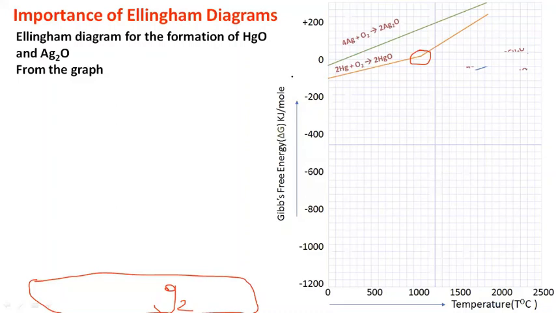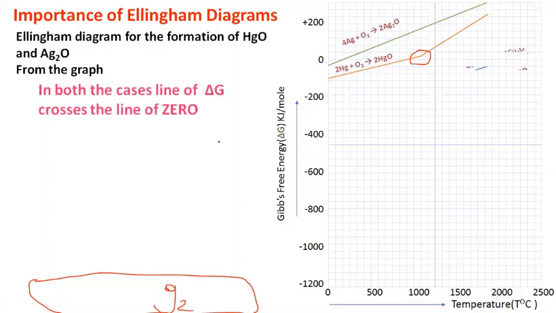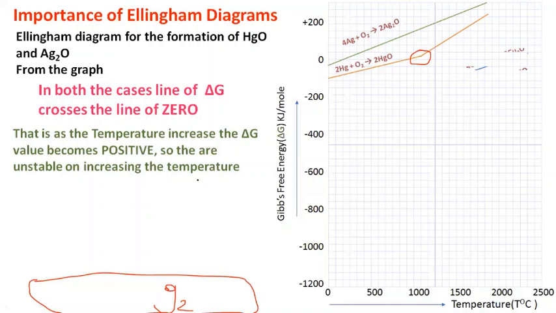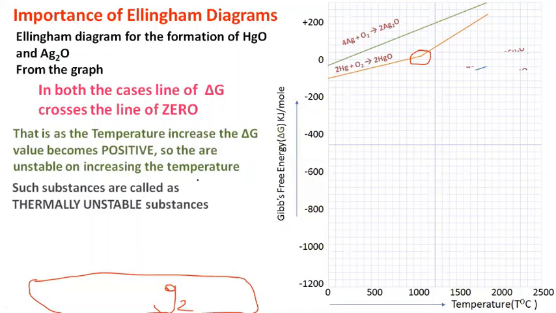And then these two graphs are crossing the line of zero, that is, delta G values are becoming positive on increase of temperature, due to which they are said to be unstable on increase of temperature. Such substances are called thermally unstable substances.